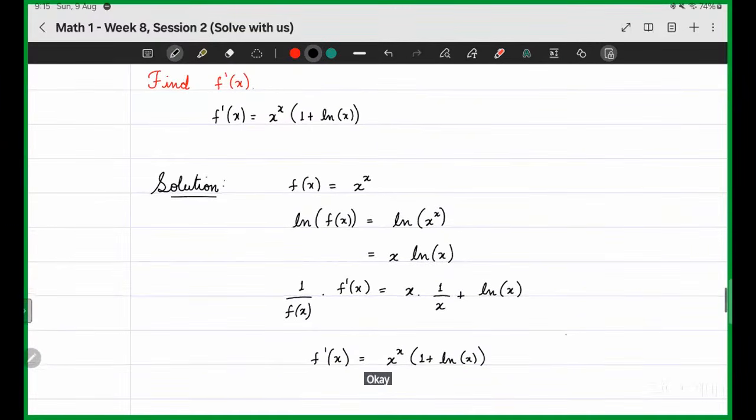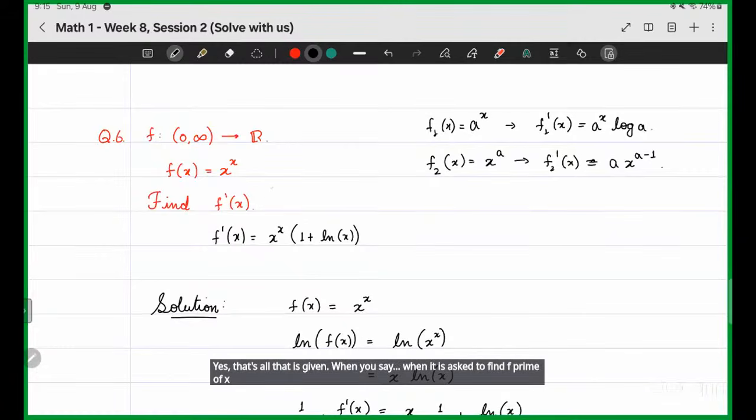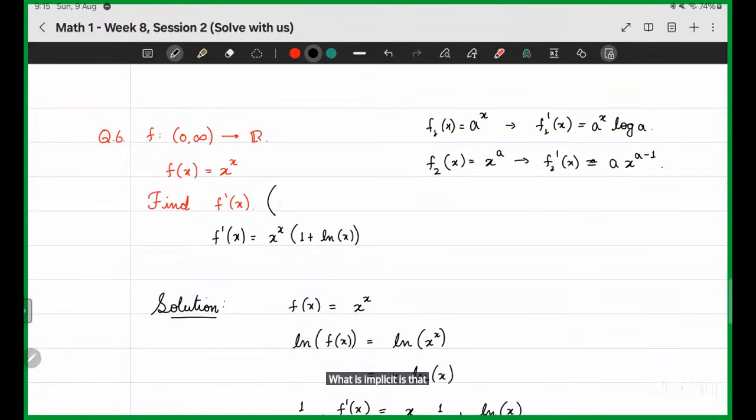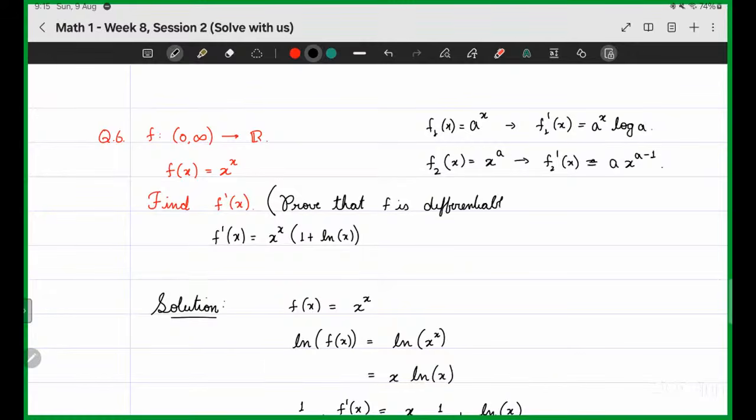Okay, what is your doubt? x to the power x. Yes, that's all that is given. When it is asked to find f prime of x, what is implicit, very strictly mathematically speaking, is to prove that f is differentiable and find f prime x.